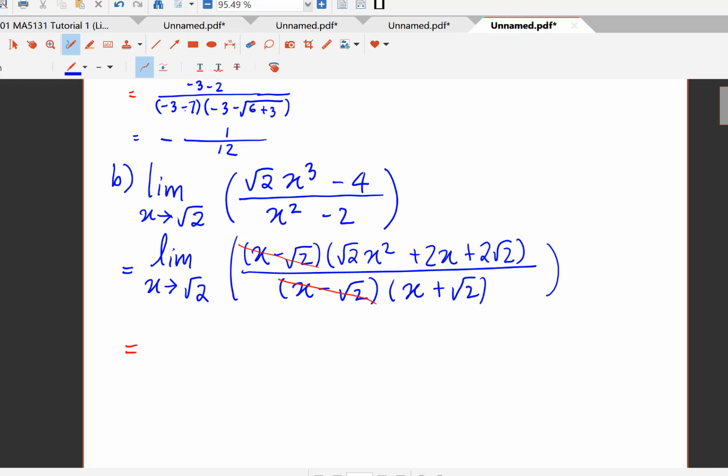If you were to do this question by comparing coefficients, see this is x. Obviously, it's easy to obtain this one and this one.